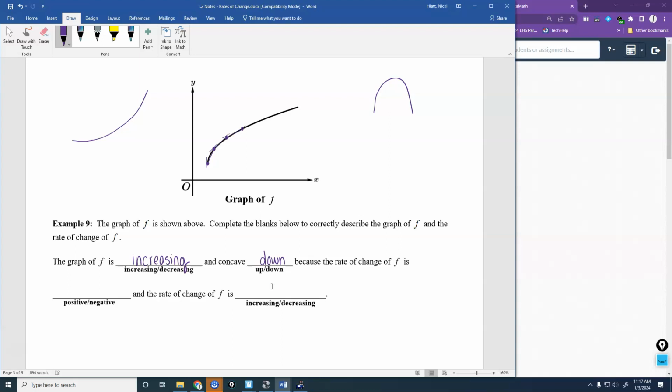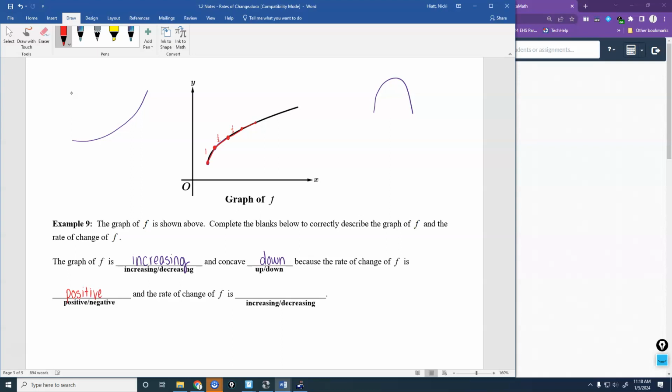Either one, it doesn't matter at this point. If we think about those little slopes that we've been doing right here, I'm going to use a different color that shows up a little better, are the slopes of these little lines getting steeper or less steep? They are getting less steep, right? That might be 1, that might be 1/2, that might be 1/3, right? But are they positive or negative? They're positive.